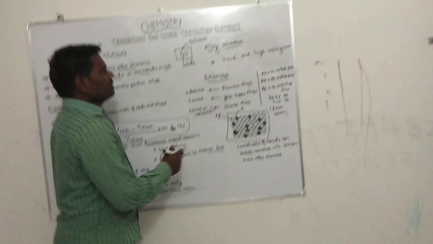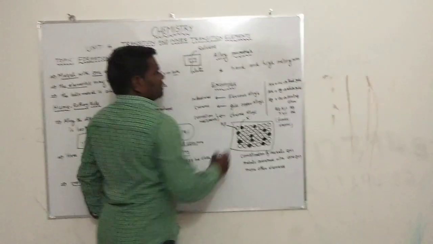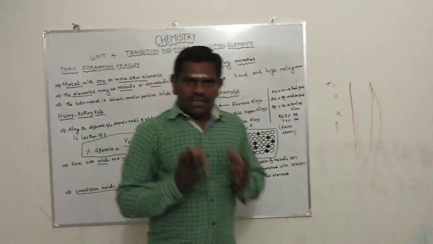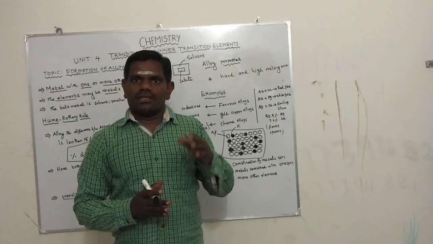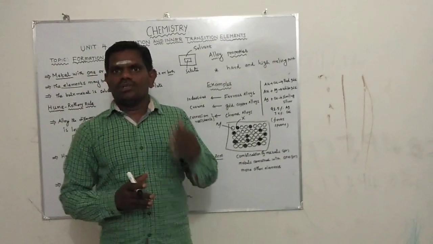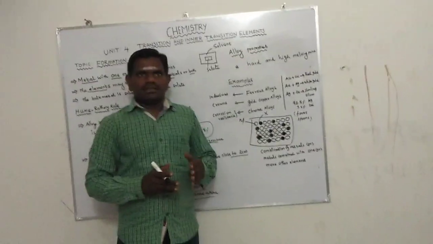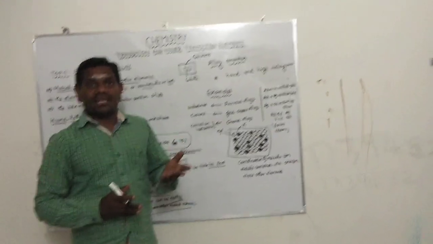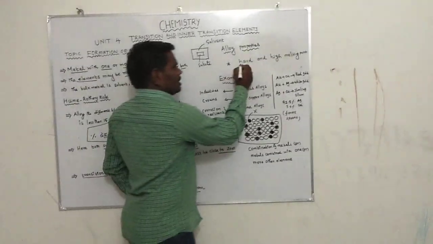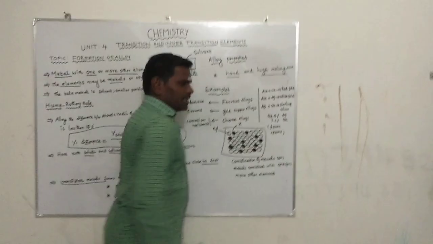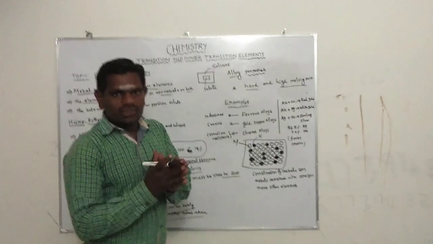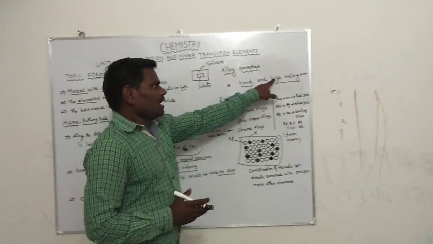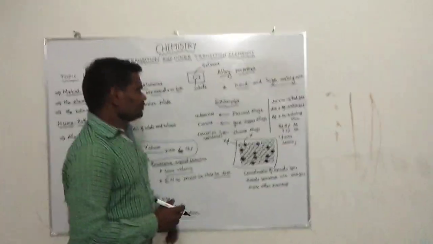For example, alloy properties: generally two metals combine together to form an alloy. An alloy is harder than the parent elements and has a high melting point, because the atoms in the crystal lattice are very closely packed, so it has a high melting point.